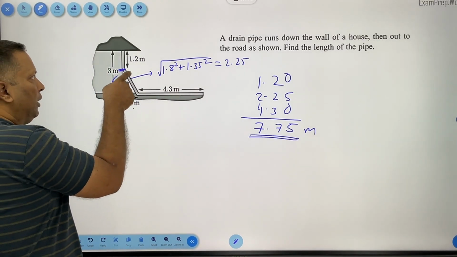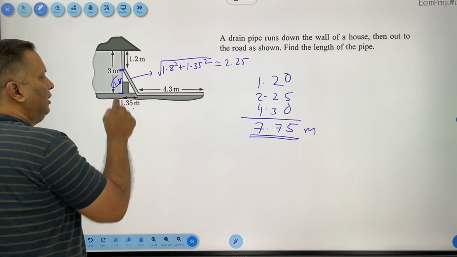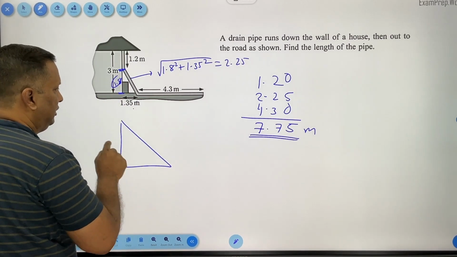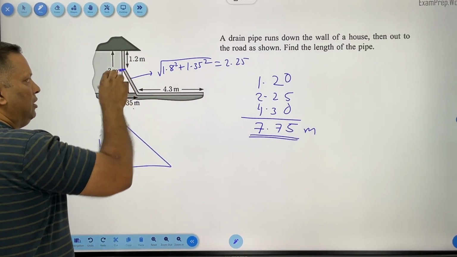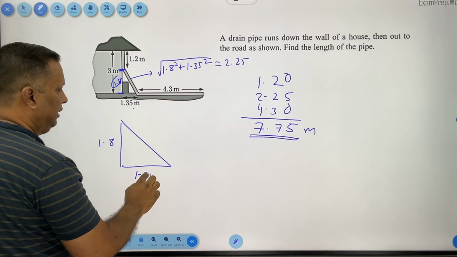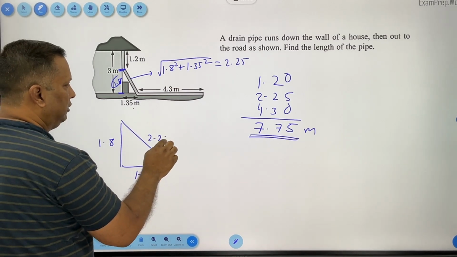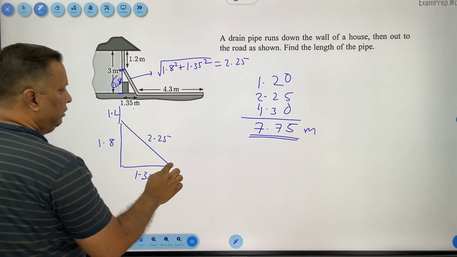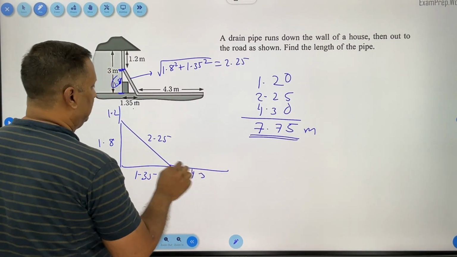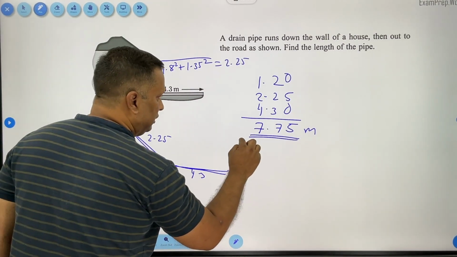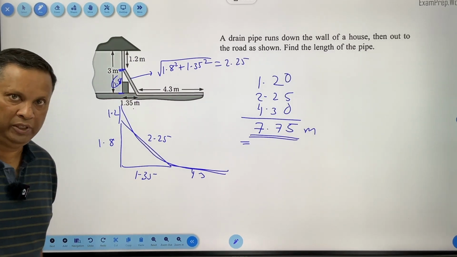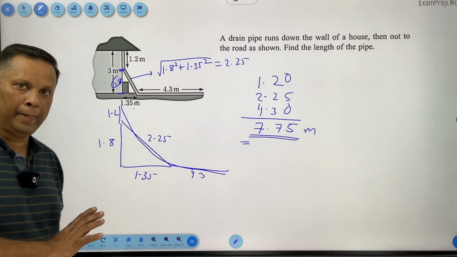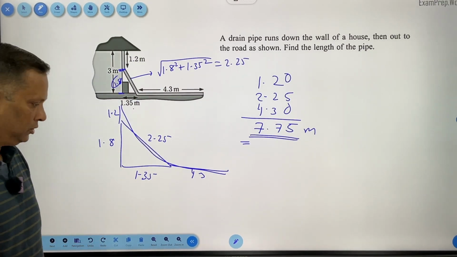So we used the Pythagoras theorem in this right angle triangle, where we had this side as 1.8, this as 1.35, we got this as 2.25, and we added 1.2 and another length of 4.3. So the total length was 7.75 meters. Very easy. Okay, let's go ahead and see what is next.